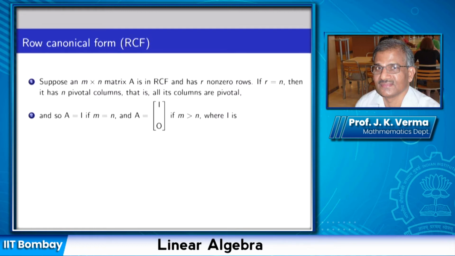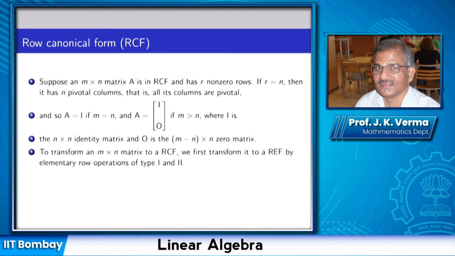If m is bigger than n, that is, the number of rows is more than the number of columns, and every column has a pivot, then A looks like an identity matrix followed by a certain number of 0 rows. So these are the two structures possible for a matrix which is in row canonical form and which has as many pivots as the number of columns.